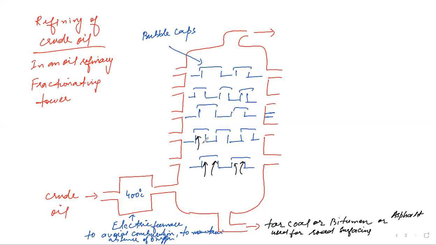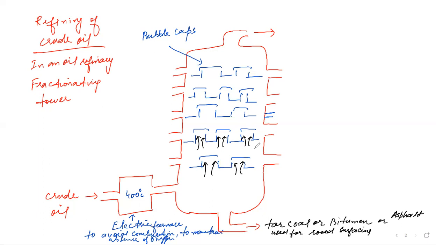Sahil, these gaseous fractions, these molecules of gases, are of different boiling points. Crude oil is a mixture of many compounds. When we have heated it up to 400 degrees Celsius, fractions with boiling points of 50, 60, 80, 100, 200, 300, 370, 380 have all been boiled and converted into vapors.